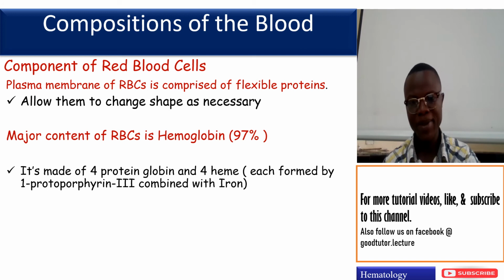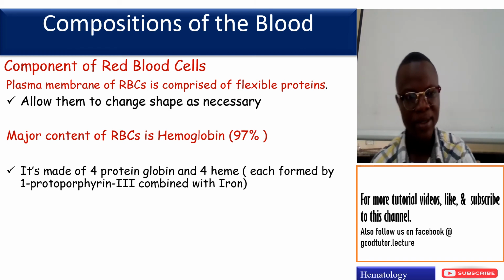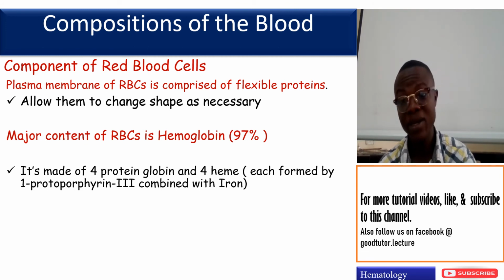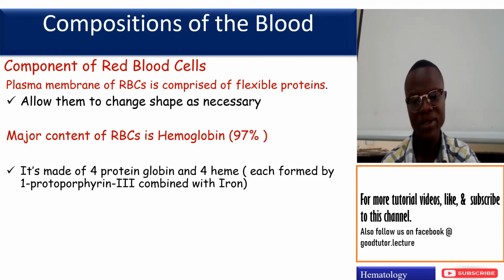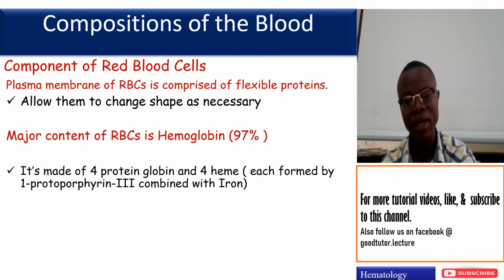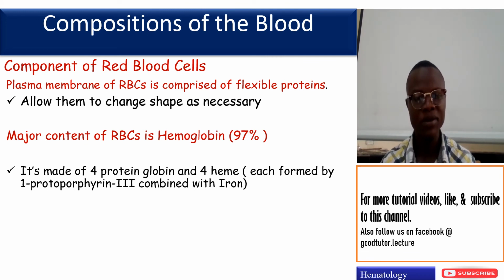Of course, the heme groups are formed by one protoporphyrin combined with an iron. For a subsequent tutorial, we will go through the mechanism involved in the formation of the hemoglobin. But for now, just know that the hemoglobin is made of four globin chains bound to four heme groups, and the heme group is formed by the combination of one protoporphyrin with an iron molecule.